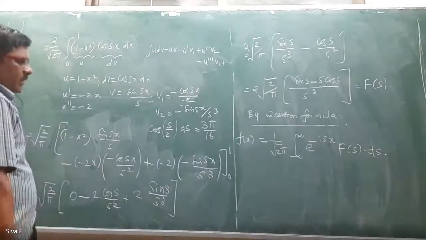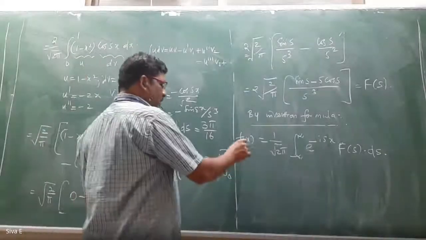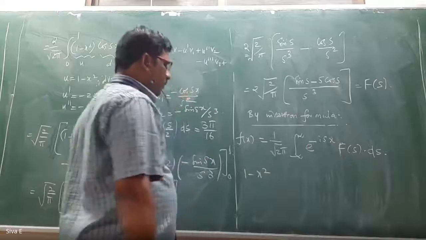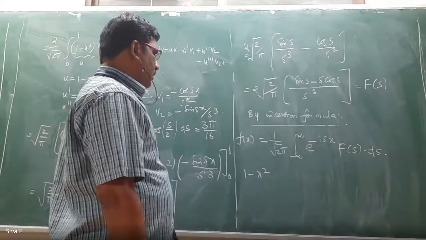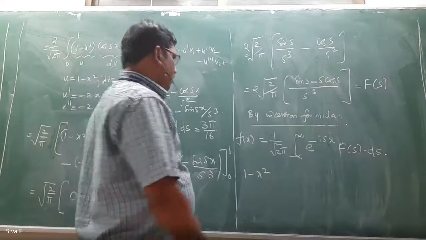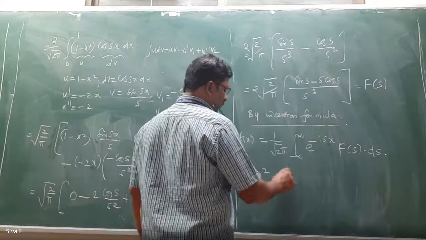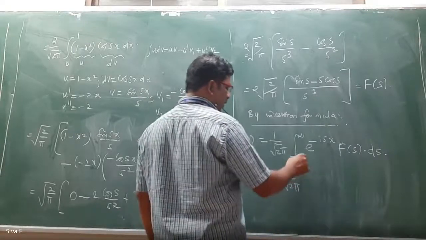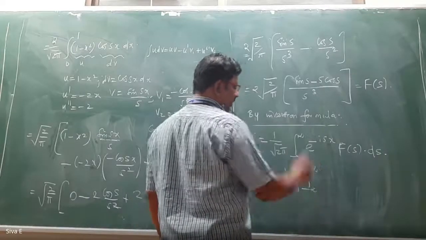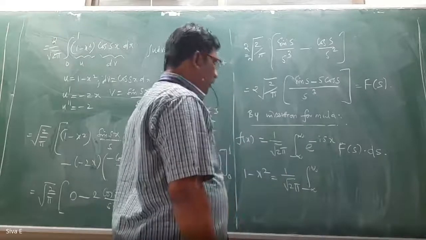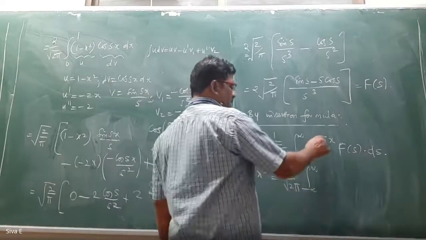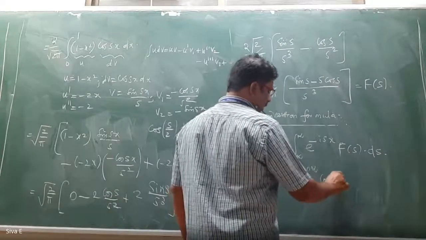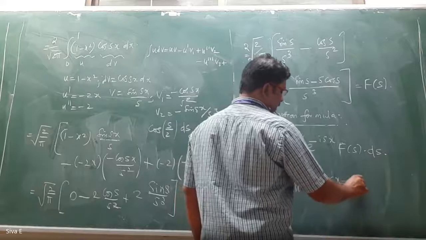But what is f of x here? 1 minus x square is f of x, that is equal to 1 by root 2 pi integral minus infinity to plus infinity e power minus isx, which is cos sx minus i sin sx.